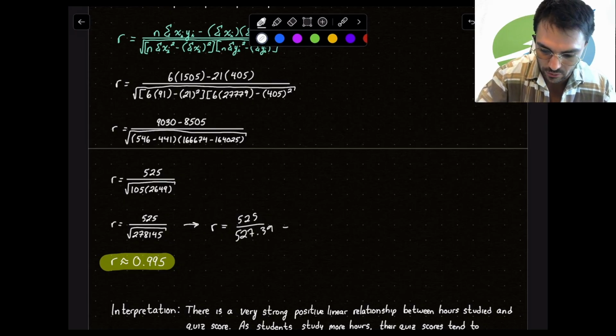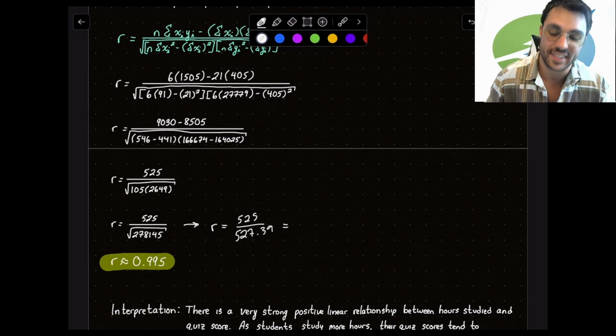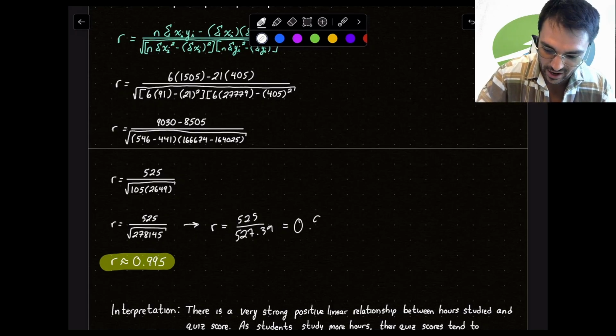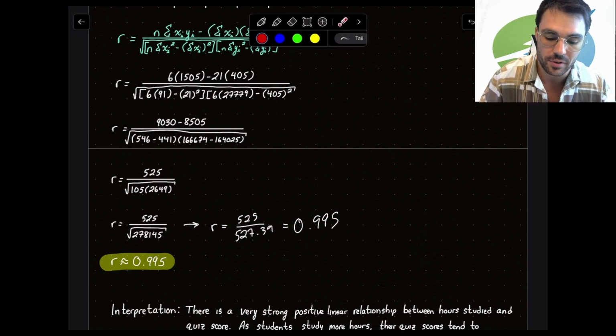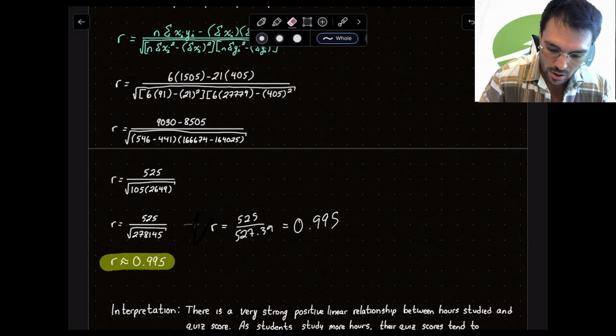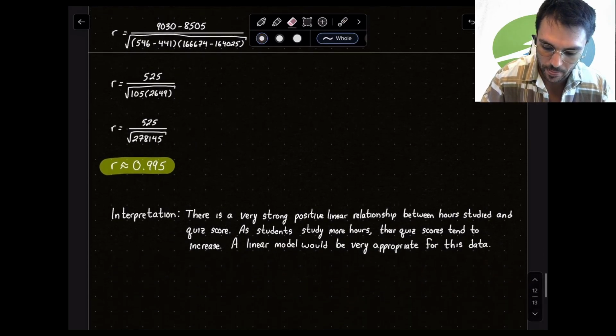So what does this equal now? 525 divided by 527.39, and we get, all right, well, not the best example because we still get 0.995. So in this particular example, it actually happened to work out. But still, take my word, you don't want to round until the very last step because something might go wrong.